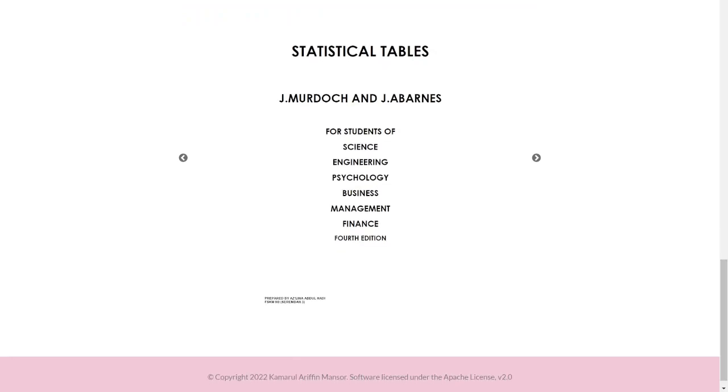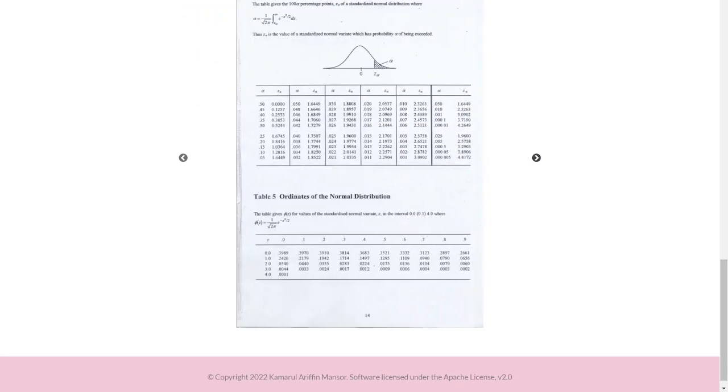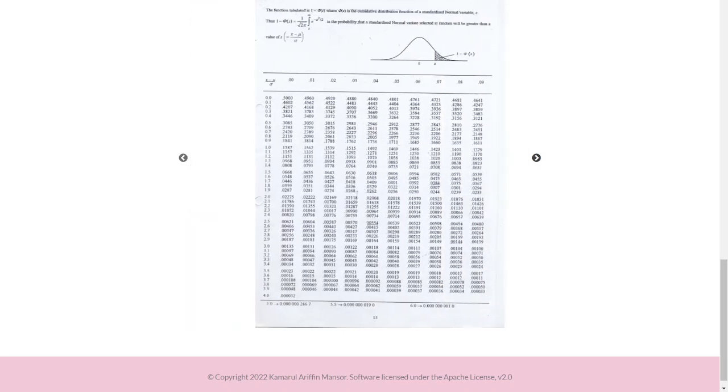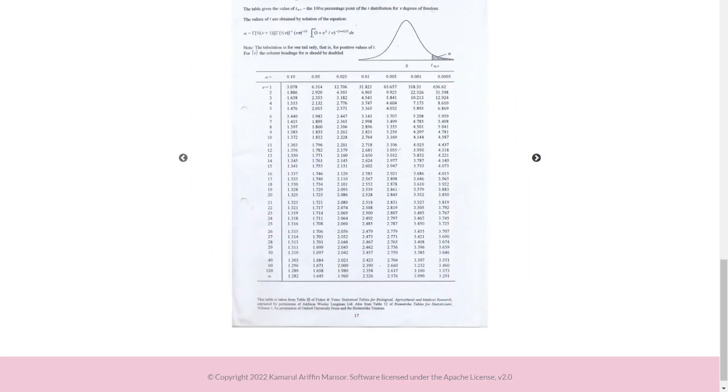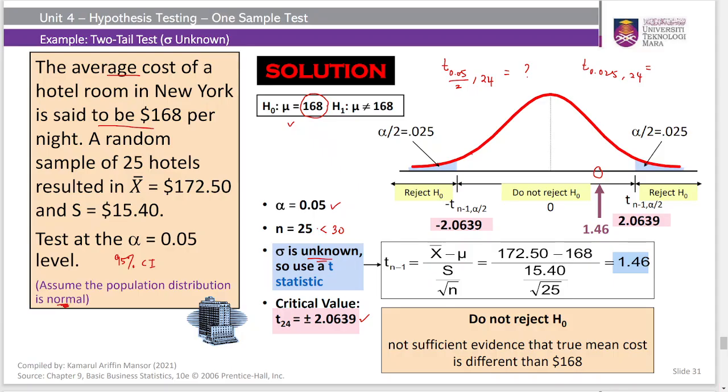Okay, so we have the statistical table at the end here. You want the t-test, right? So this will be the t-test if you look through this one. In this situation, you're looking for 0.025, right? So the alpha over 2 is 0.025 because this is a two-tail.